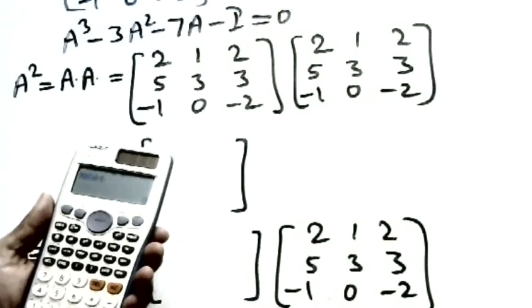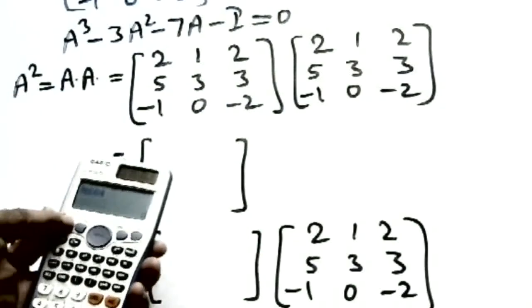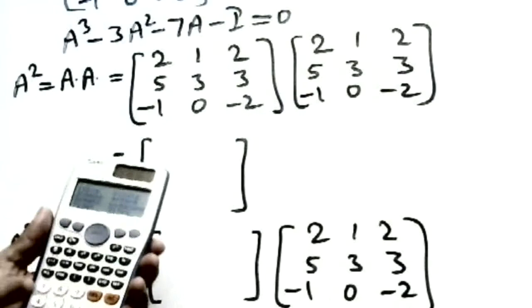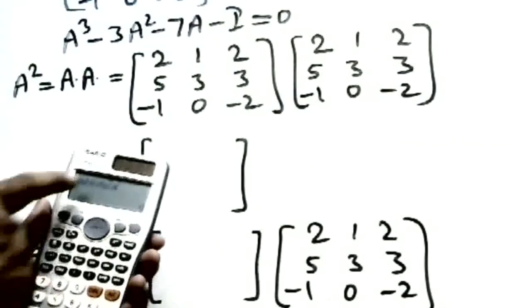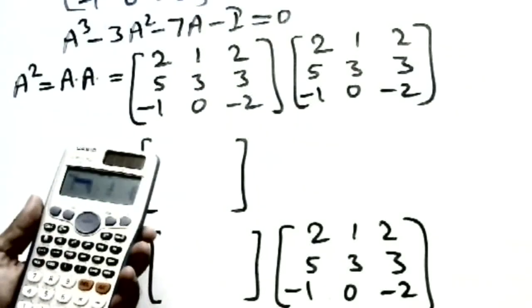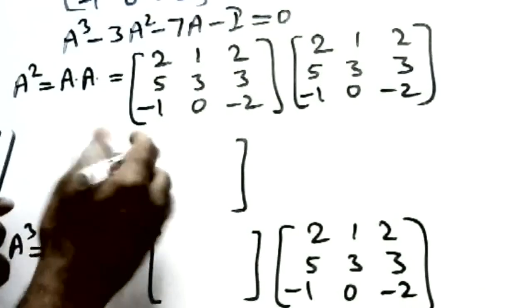into, again we want matrix A into matrix A. Again you apply shift and take 4. Again we want matrix A, that is the third one. So matrix A into matrix A. So we got this value. Let me write these values.